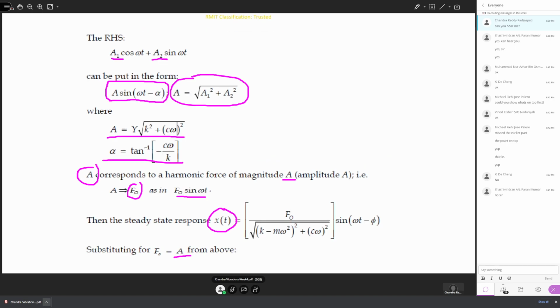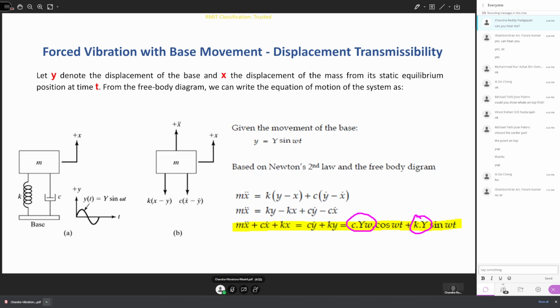Just to reinforce the concept, you need to see Y is the displacement of the base, and x is the displacement of the mass. So the base you have, and the mass is part of the vibratory system. So the magnitude of the displacement of this mass over the magnitude of the base, we call this ratio the amplitude ratio. So what is the amplification factor due to the base movement that causes the displacement of the mass?